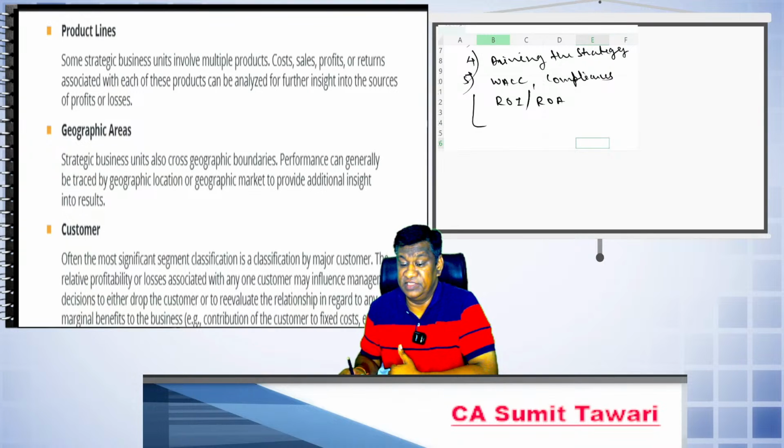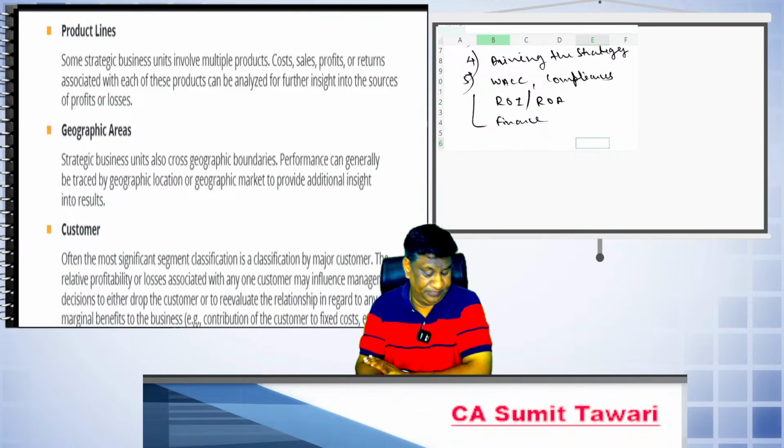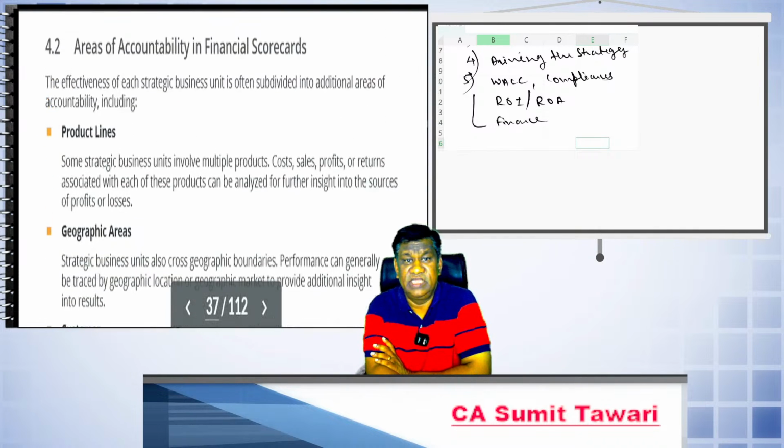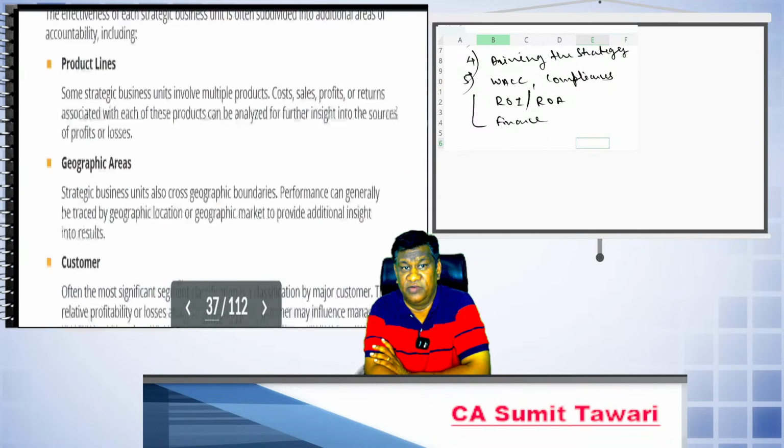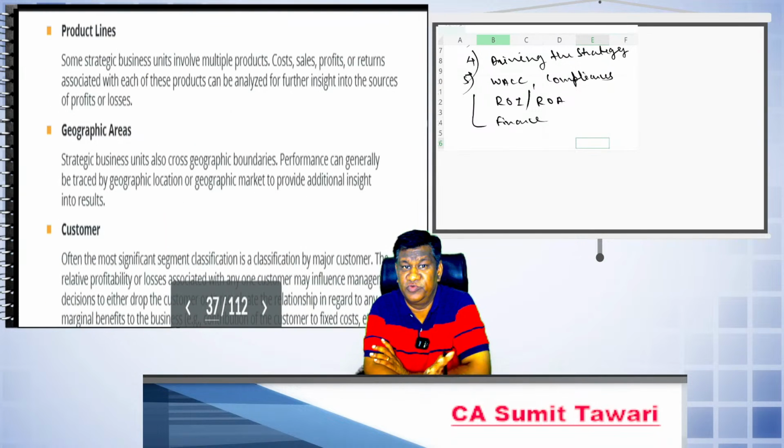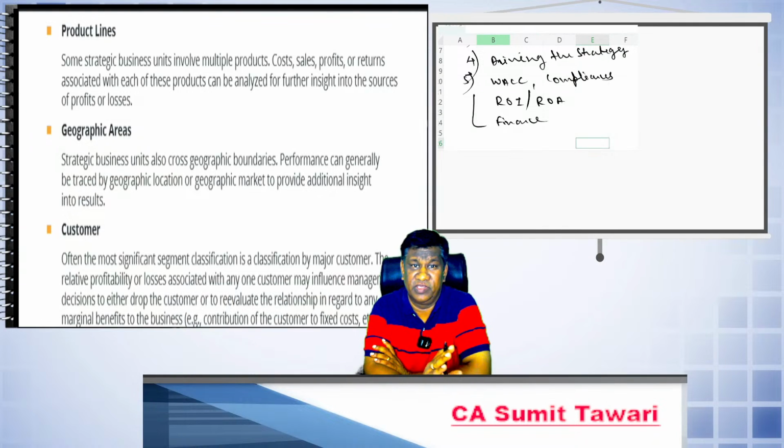So finance is also one of the areas where the management needs to focus. These are basically the accountability areas in a financial scorecard. It is not that we only work for a customer, or only for a geographical area, or only for a product line.